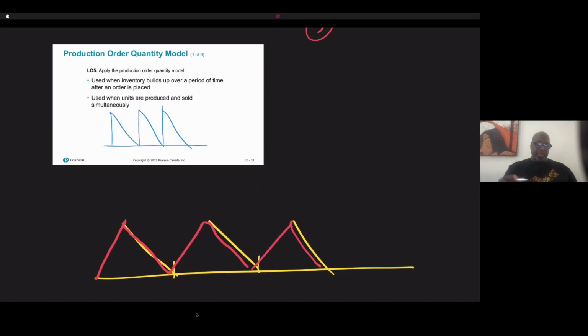If every time we place an order for cookies, we get 50 cookies in batches, that's one case. Now say I'm actually making the cookies, and I can make 20 cookies per minute.